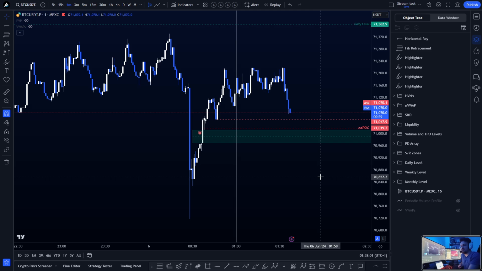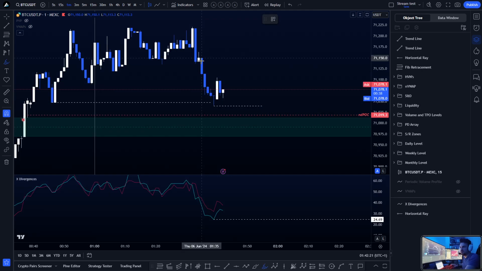So we took liquidity, we took this low, and now it would be necessary for this low to be taken as well. And if we do this, then I will look for a divergence between this and the next low.